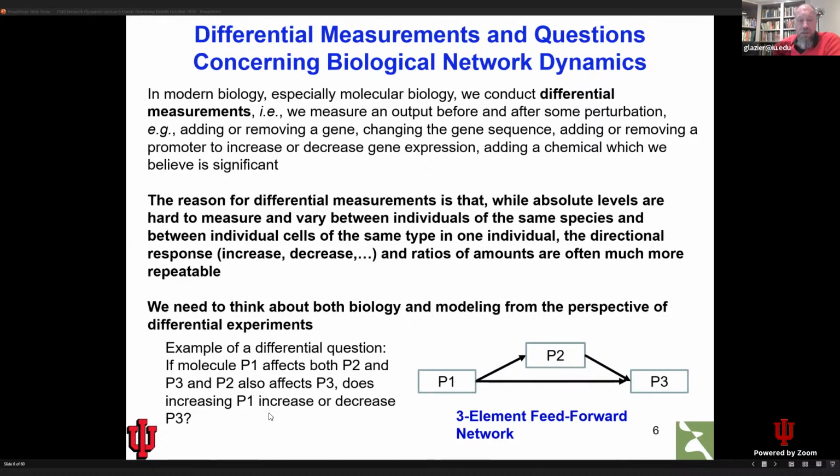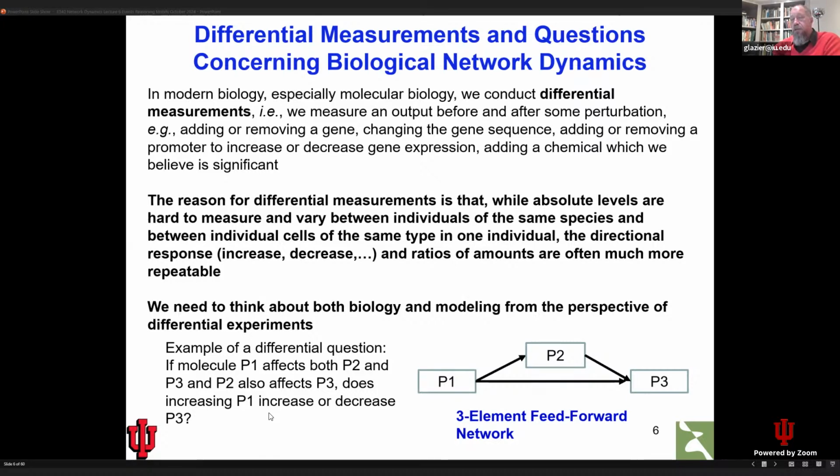And so what we have here is we have molecular species P1, and it does something to P2. It either activates, increases P2, or inhibits P2. P2 activates or inhibits P3, and P1 also directly activates or inhibits P3.